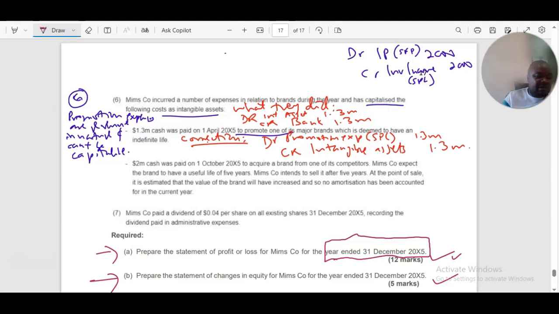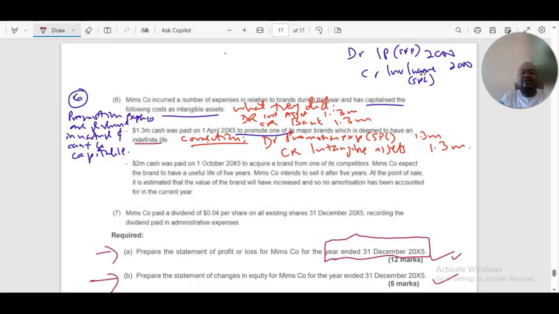Okay, so there's been a procurement of a new brand from a competitor. And we expect this brand to have a useful life. We didn't deal with depreciation effects on item 1 because the asset had an indefinite life, so we don't charge an amortization, but we subject the asset to an annual impairment review, something like that.